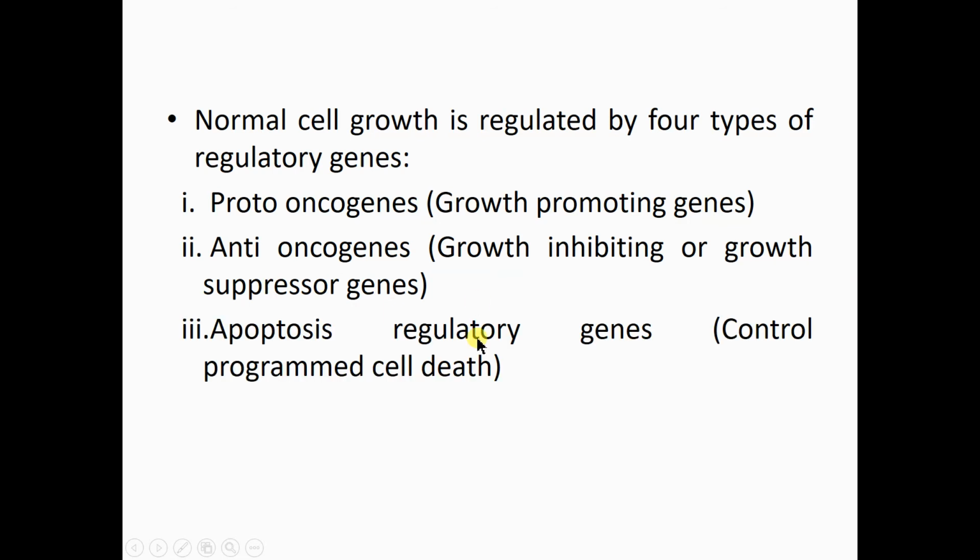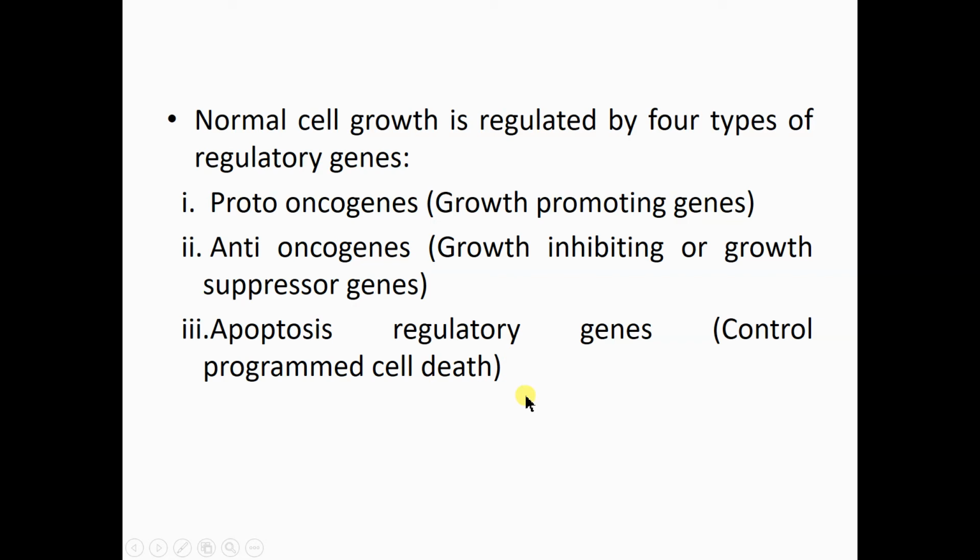The third type of genes are the apoptotic or apoptosis regulatory genes, which we have discussed previously. Apoptosis is also regulated by certain genetic material known as apoptosis regulatory genes. They control programmed cell death.